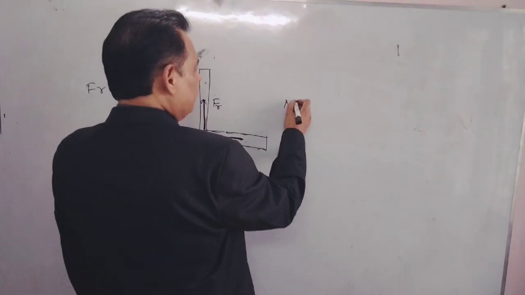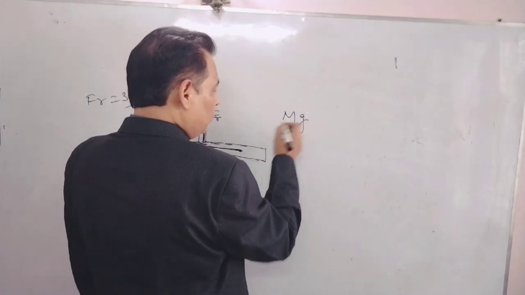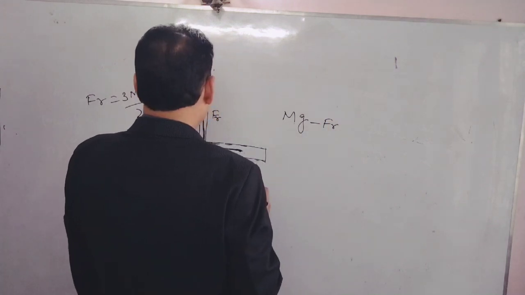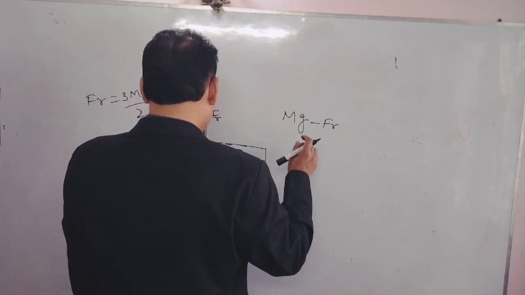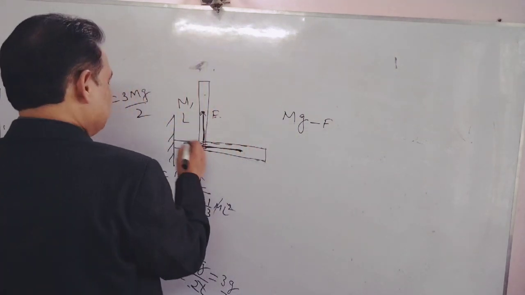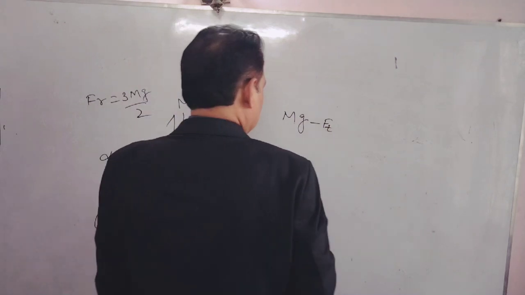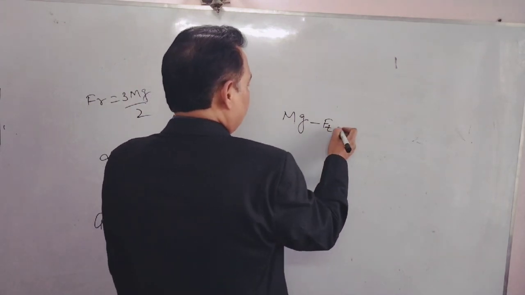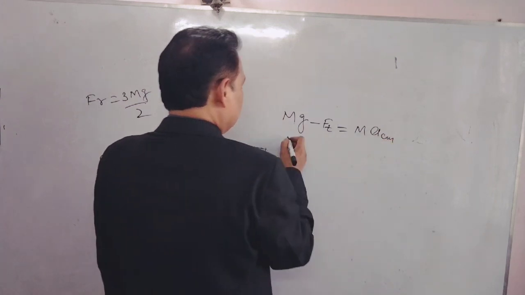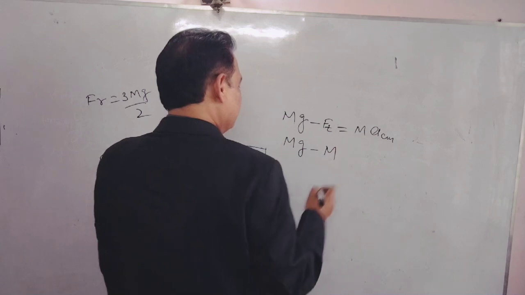Taking mg downward as positive, tangential Ft will be mass into acceleration of center of mass: mg minus Ft equals m ACM.